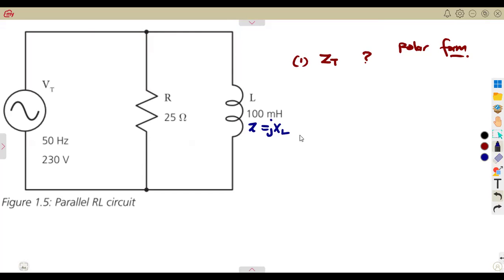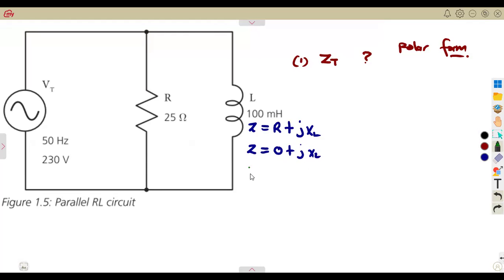Since we do not have a resistance, remember, it was supposed to be a resistance plus jXL. So we do not have the resistance, that's 0 plus jXL. So it will be just jXL. There's no resistance there. This is rectangular form.